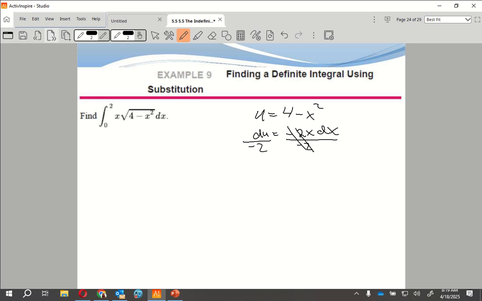So x dx is going to be replaced with negative 1/2 du. So I'm going to have negative 1/2 out front. And then this right here is going to be u to the 1/2 du. And if you notice, I did not write my bounds.